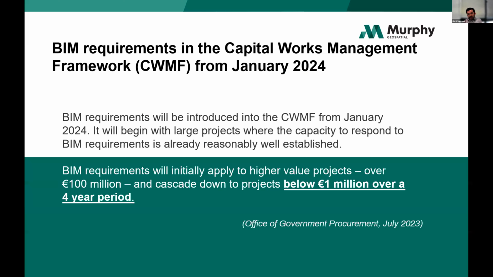And over a phase of 4 years, that's going to come down to projects below 1 million. This will probably be a challenge for some stakeholders within these BIM projects, but it has worked quite successfully over in the UK, the BIM level 2 mandate.